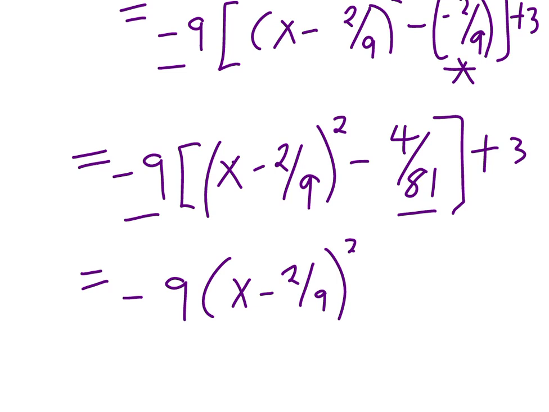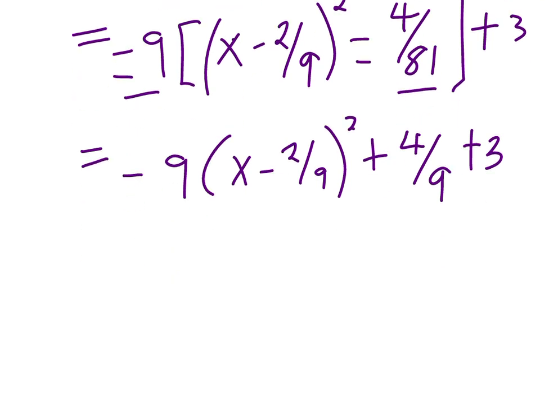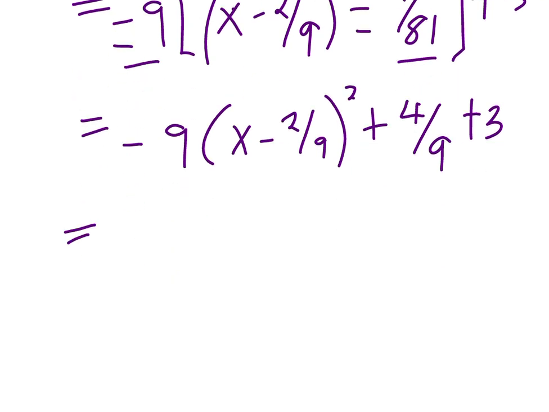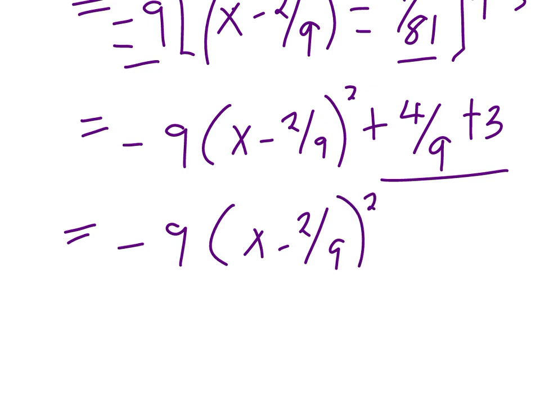And remember, when it was a negative 9 and this one is a negative, it's going to make 4 over 9 a positive, plus 3. So we add these two parts. So 4 over 9 plus 3. So we get negative 9 into bracket x minus 2 over 9 squared plus 31 over 9.